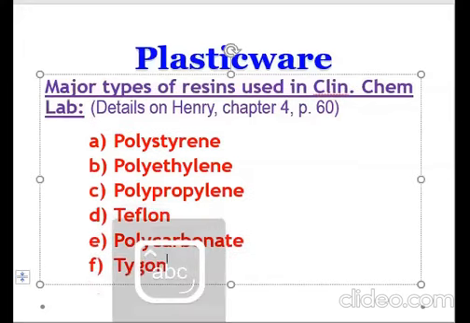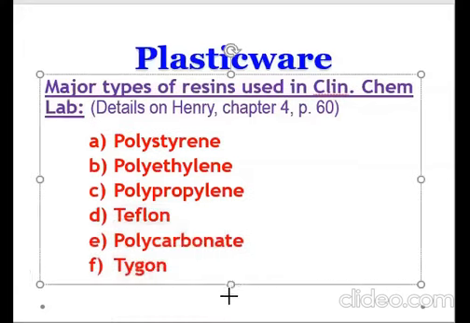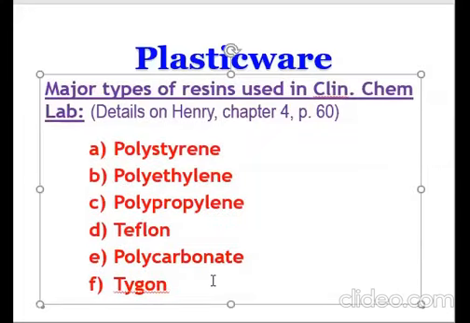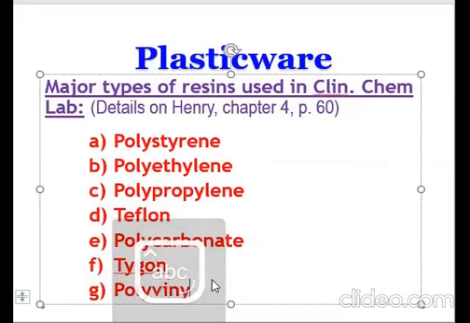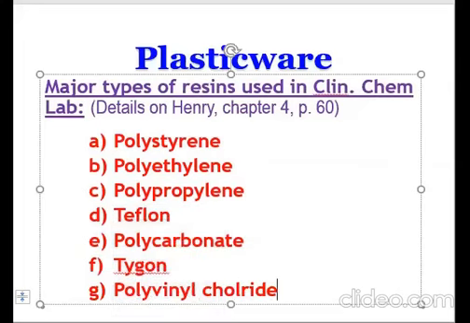Okay, Tygon. And after Tygon, dinagdag din niya yung tinatawag nating polyvinyl chloride. Okay? So, yan po lahat ang kay Bishop. But what we're going to elaborate more in this topic are the first 5. Polystyrene, polyethylene, polypropylene, Teflon, and polycarbonate.